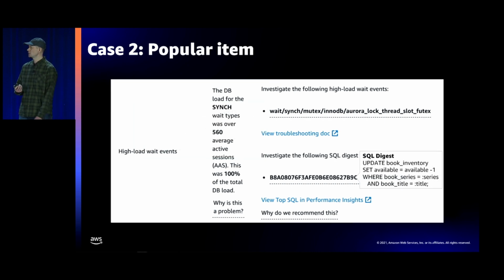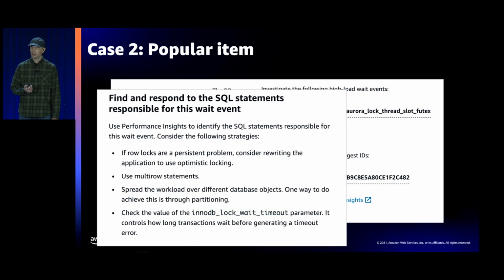Of course, you can also see the statements that are involved in that competition. And at this point, the problem should become a little bit more clear. You can also click on the View Troubleshooting Document link and see the likely root causes for the condition that you see and suggested remediation steps.